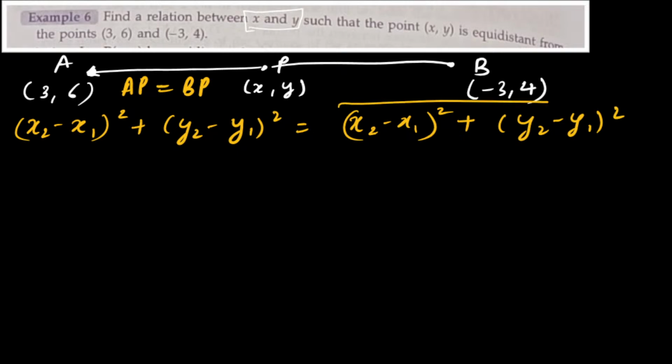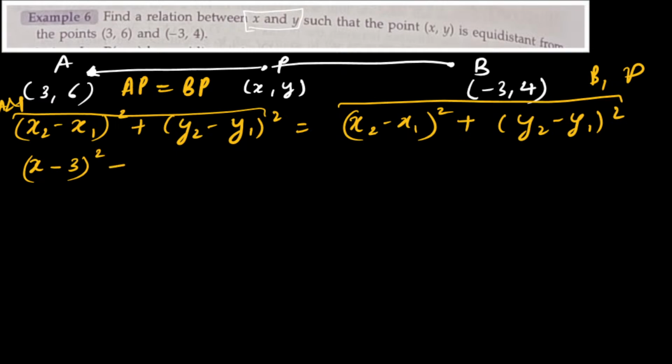This side the coordinates are of point B and P. This side the coordinates are of point A and P. So I have already written that step where we have completed squaring both sides. So now we can just substitute. So x2 is x minus 3 whole square plus y2 is y minus 6 whole square.